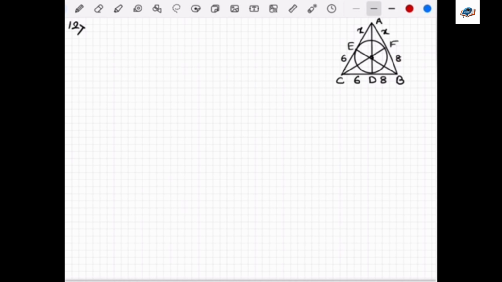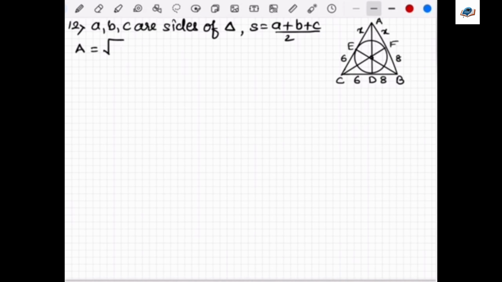So Heron's formula said that area of triangle equals root of S into S minus A into S minus B into S minus C. This was Heron's formula which we studied in 9th standard. So here A equals AC, which is equal to X plus 6. B will be equal to CB, which is equal to 6 plus 8, that is 14, and C will be equal to AB, which is equal to X plus 8.